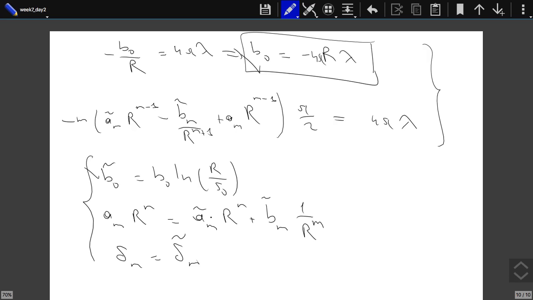The problem is that we are looking at the junction between these two surfaces, but the volume we have has a boundary at infinity, and we didn't specify what the potential at infinity should be. So we have to choose it somehow. What should our potential at infinity look like?